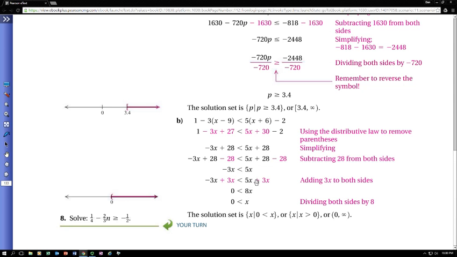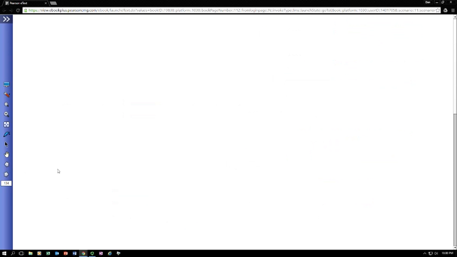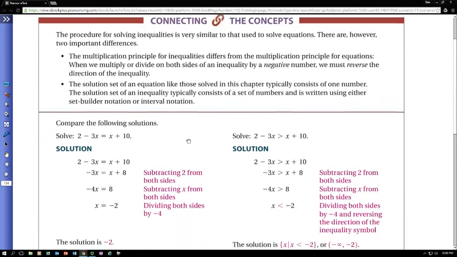So a good strategy is if I can keep that number times my variable positive, I can avoid reversing the inequality symbol by using the multiplication principle, because here I multiplied by a positive. That's just a good note on strategy.